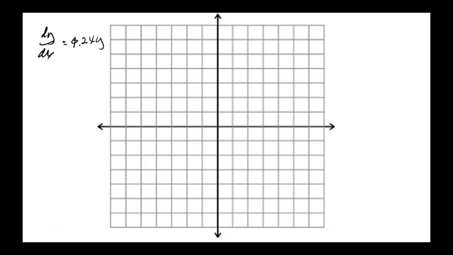Now, let's pick a few of these. I'm not going to draw them all, but let's do some. So let's say this is 1, 2, 3, 4, 5, 6, 7, negative 1, negative 2. You get the idea. 1, 2, 3, 4, and negative 1, negative 2. So let's pick some.